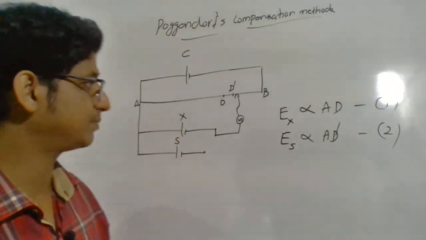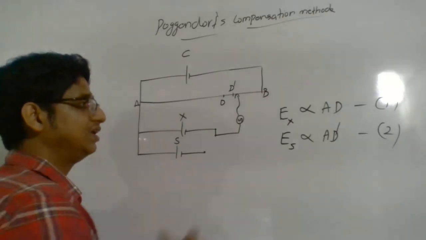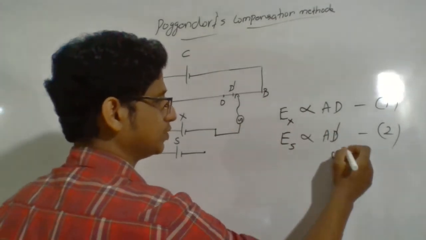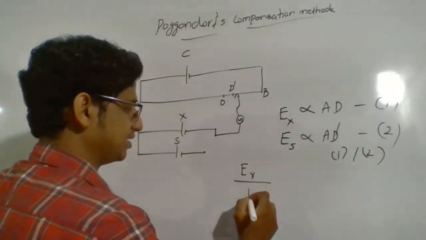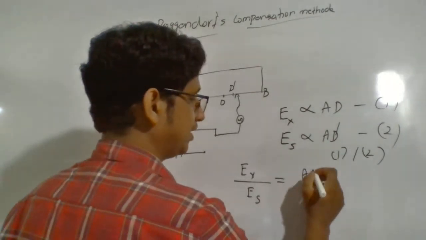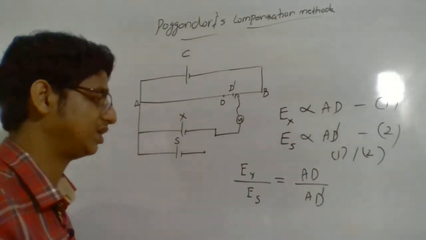So this is the basic principle we use to find the EMF of the unknown cell. EX is proportional to AD, so dividing 1 by 2 gives EX divided by ES equal to AD divided by AD dash. This is the balancing length that we can measure.